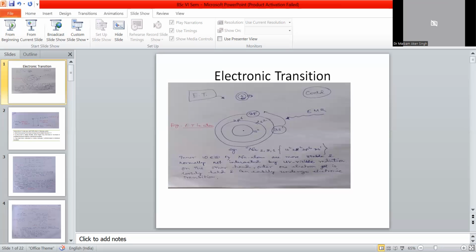This one is hyperchromic, and the printing or the word is not shown properly. Yellow shift upward means hyperchromic. Right side bathochromic, left side hypsochromic, downward hypochromic, green shift, yellow shift, and the red one is red shift, blue shift.